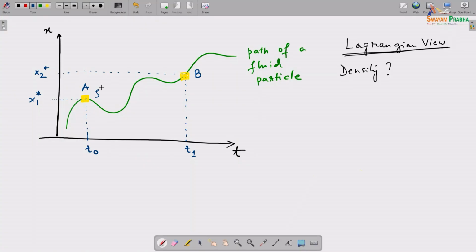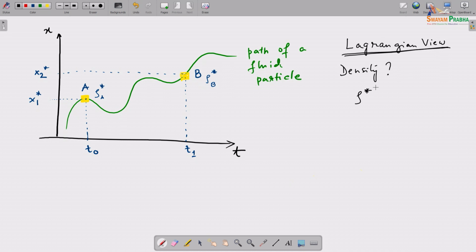You could say rho A star, and here it is rho B star. Therefore, if I were to write the density of an arbitrary particle anywhere, I am going to write it like this.